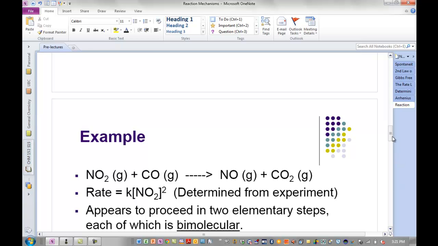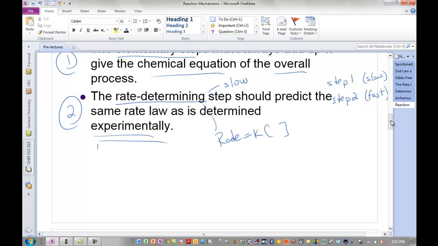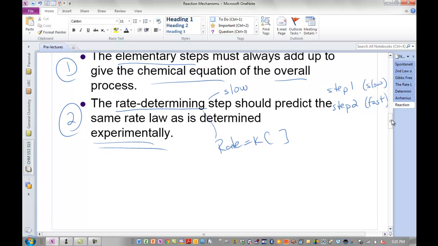And before we do an example, let me show something simpler maybe. And we'll just use some generic reaction. So say I have a reaction A plus B plus C goes to D plus E. Okay, so there's my overall balanced reaction.